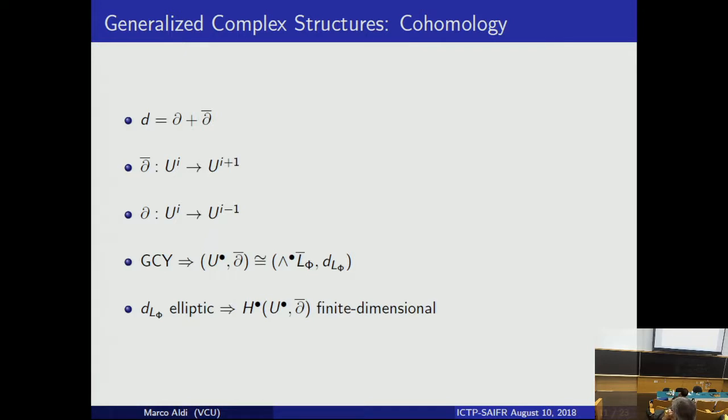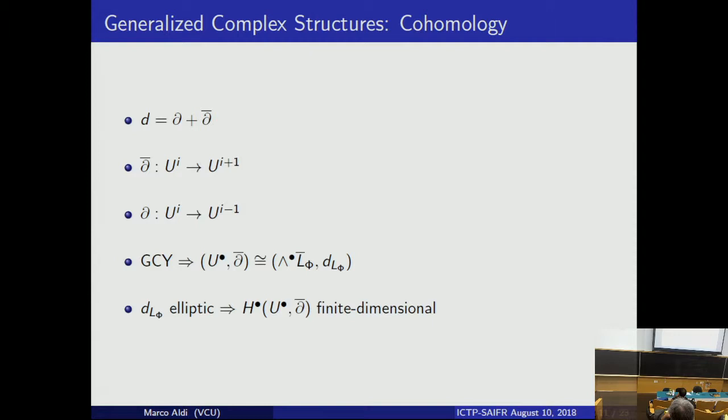And now the nice thing here is that d_L phi is an elliptic operator, and therefore the cohomology of this complex, you can think of it either way, is finite dimensional.